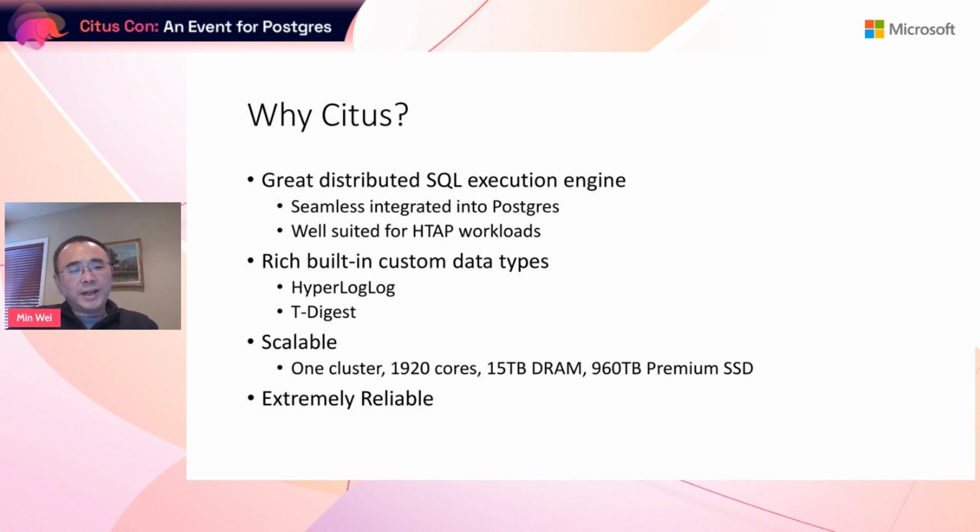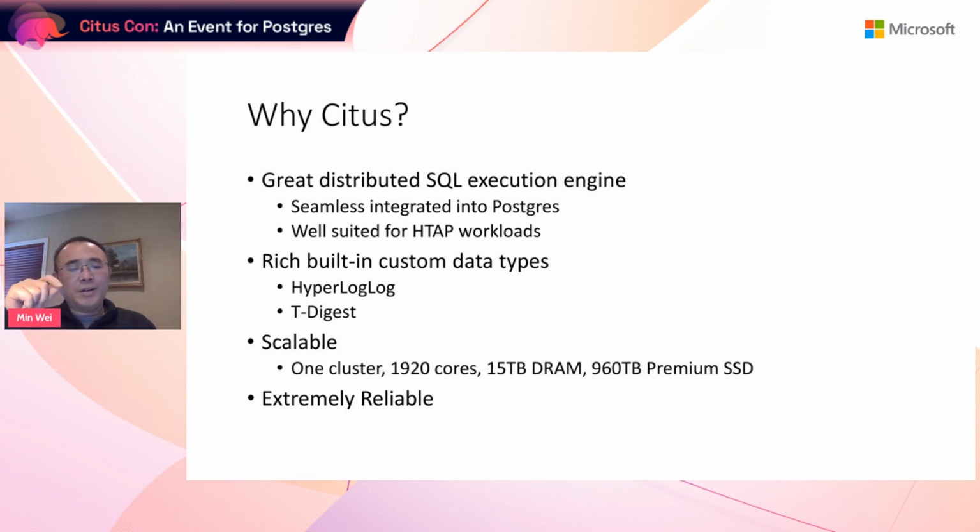And lastly, I would say Citus along with Postgres is extremely reliable for data engineering. If you're operating at a very large scale, you need to ingest data 24 hours a day, and then you have queries coming. Sometimes they are ad hoc queries, sometimes from a dashboard, or sometimes a refresh at any time.